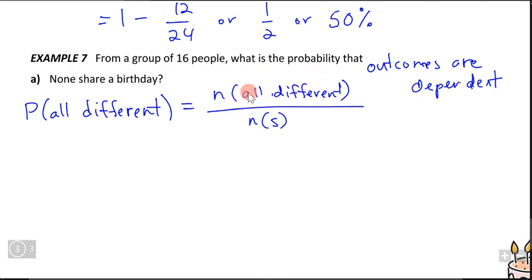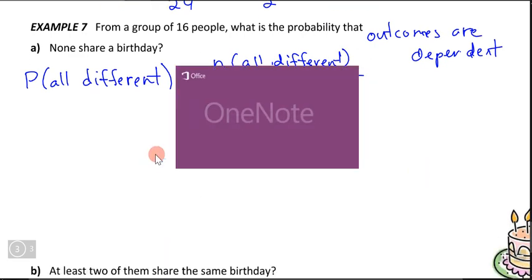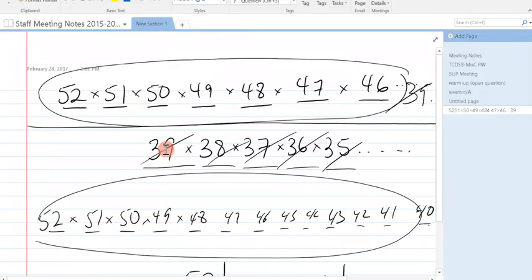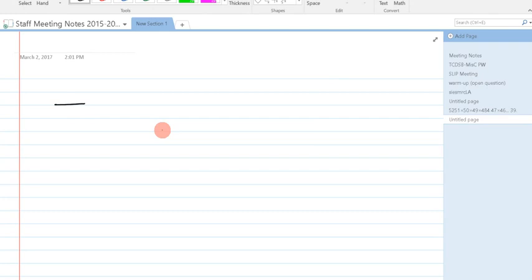So what is the number of ways that they can all be different? Well, to do that, I'm just going to open up a OneNote file here, and let's go down to a new page. Here we go. So let's just look at counting it individually. So we have the first person.